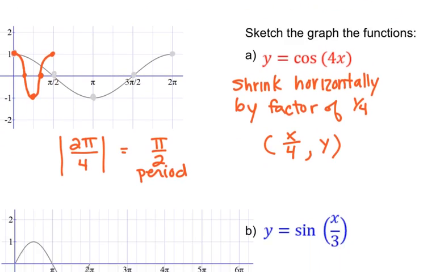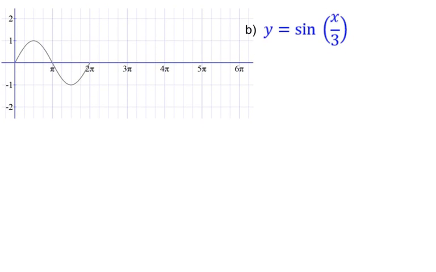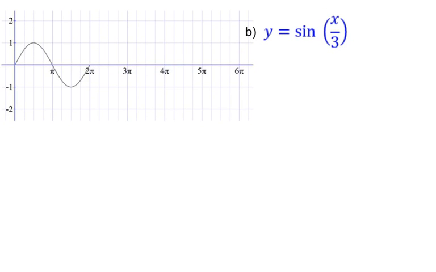All right, so we've got one more example in this video. Here we have y equals the sine of x divided by 3. Now keep in mind that's the same as y equals the sine of 1/3 x.